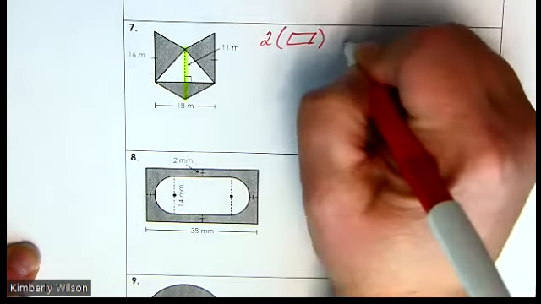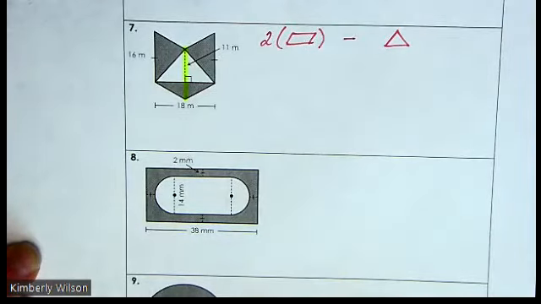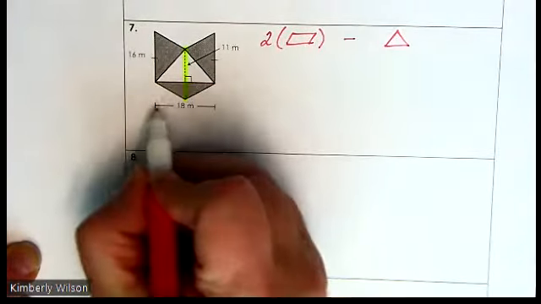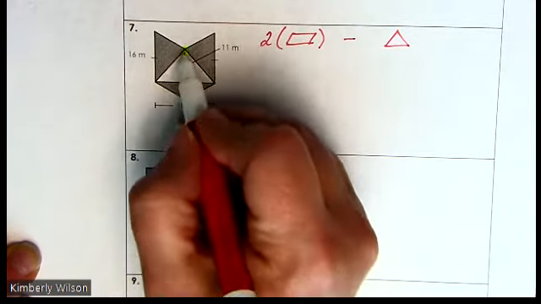It is 2 parallelograms minus the triangle. Now on the dimensions, we have to figure out what the dimensions of this parallelogram are. Well, it's 18 all the way across, and this is divided in half.